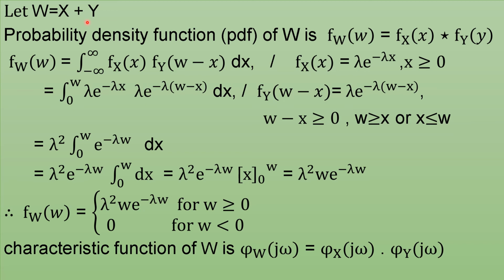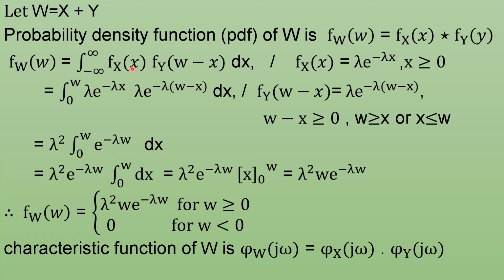X and y are independent random variables, so the probability density function of the sum w, denoted as fw of w, is fx of x convolution fy of y. So use the formula: integral from minus infinity to plus infinity of fx of x into fy of w minus x dx. We need to substitute fx of x and fy of w minus x and then complete the integration.